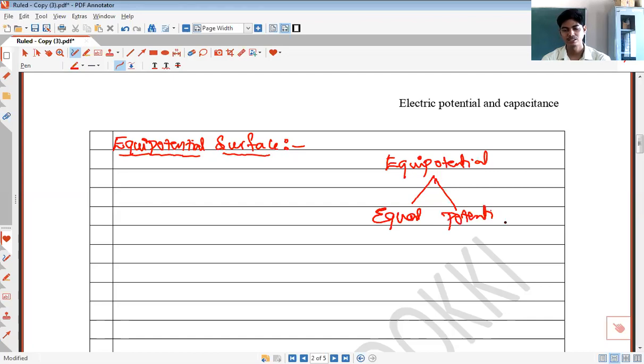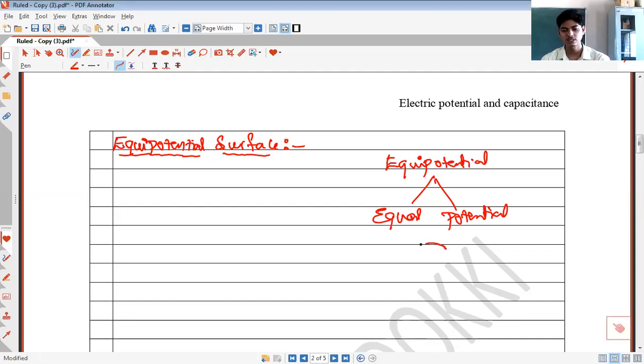Correct? So this equipotential surface can also be called an equal potential surface. Equipotential surface is nothing but equal potential surface.